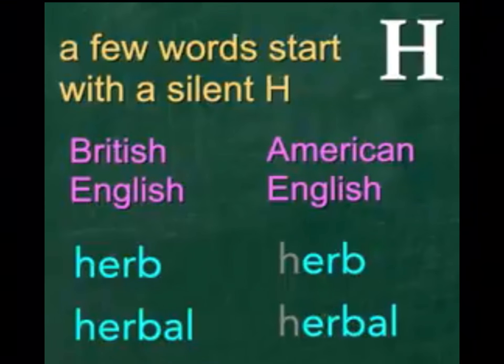So in American English, the H is silent in herb. They say herb, and in herbal, they say herbal. You probably heard me saying these, and my students have asked me, why are you saying herb?